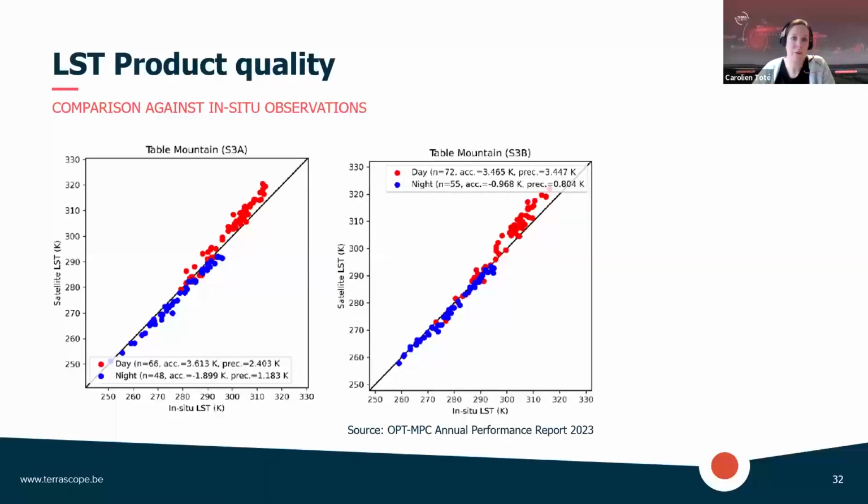So on the left for Sentinel-3A, on the right for Sentinel-3B, the matchups are split into nighttime observations in blue and daytime observations in red. What you see is a slight overestimation of the higher temperatures and negative errors or negative bias for the nighttime observations, but a very good agreement in general.